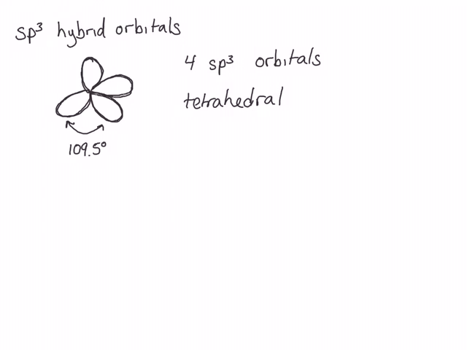Our example molecule for sp3 hybridization is going to be methane, or CH4. Again, we'll start with a Lewis structure. Carbon comes with 4 valence electrons, hydrogen has 1, and we have 4 hydrogens, so that's a total of 8 valence electrons.